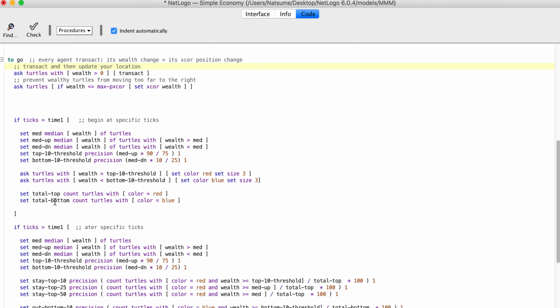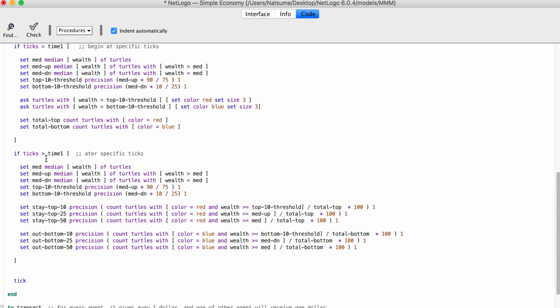And then we will keep a record of the top 10% richest agents. We save that count into the variable total top, and we save the bottom 10% of turtles. We save that count to total bottom.